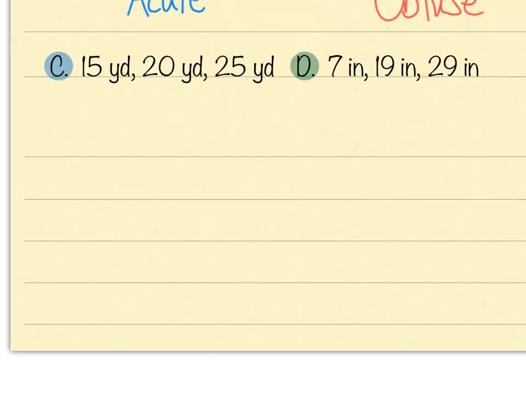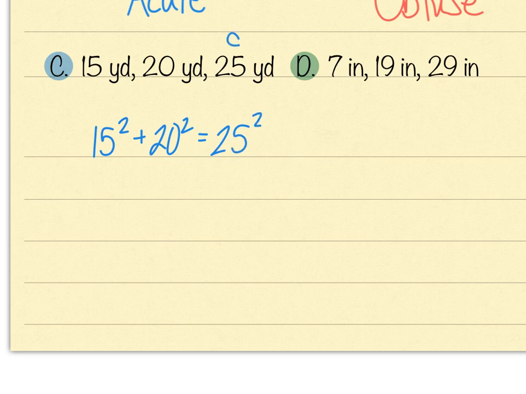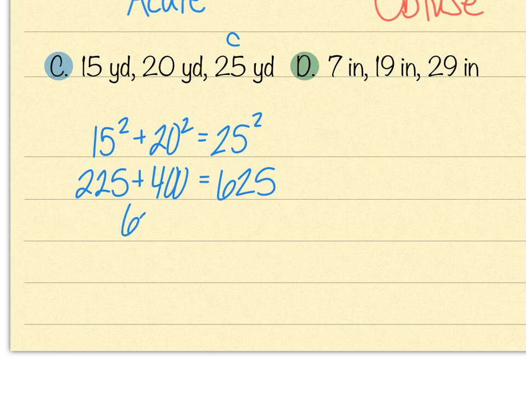Here we have to show our work because they don't even give us a picture. So a squared plus b squared equals c squared. And I know 25 has to be the c because it's the longest side there. So 225 plus 400, and then 25 squared is 625. Well, 625 equals 625.